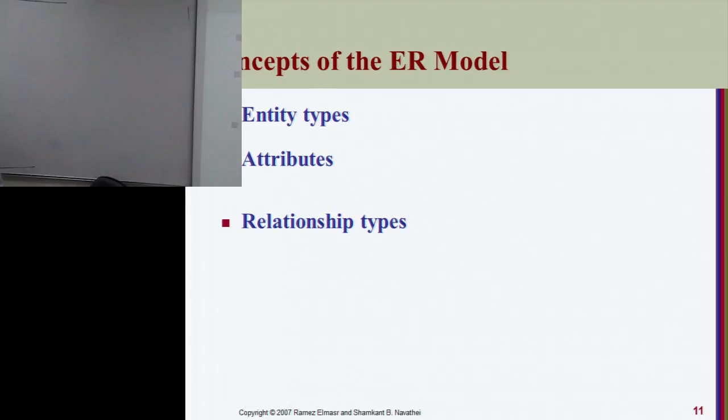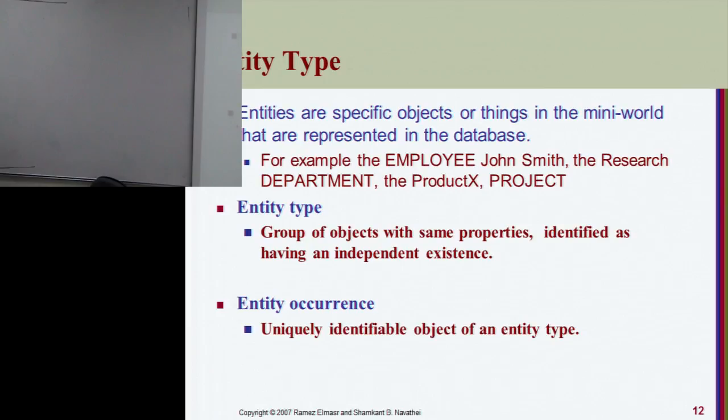So we have three elements of the vocabulary: entity types, attributes, and relationships. Last lecture we discussed the first two elements, the entity types and the attributes.